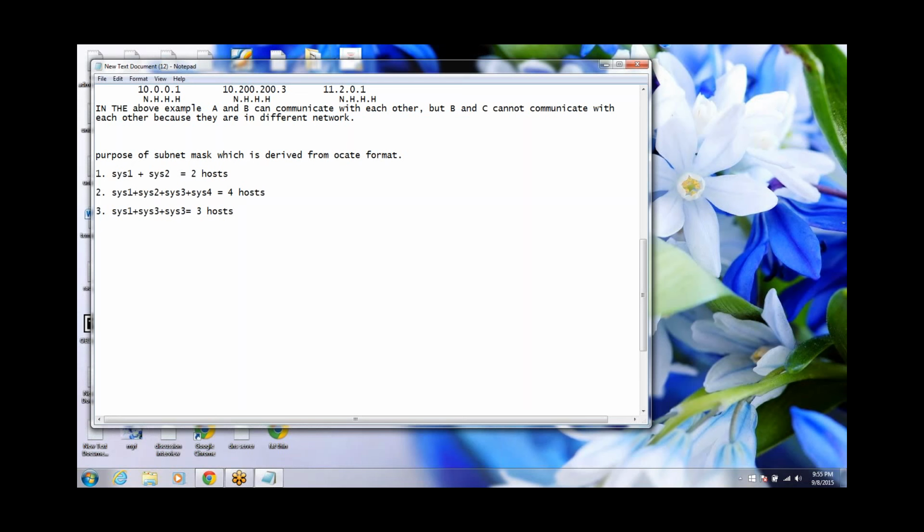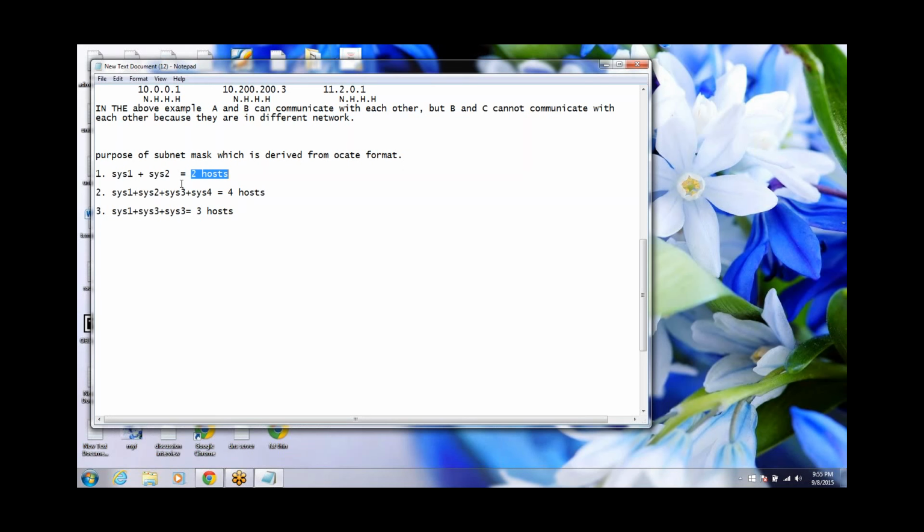Like this, how many networks can you create in class A? And per one network, how many hosts can you connect? You can see based on the example I showed you: three networks, with 2 hosts in network 1, 4 hosts in network 2, and 3 hosts in network 3.